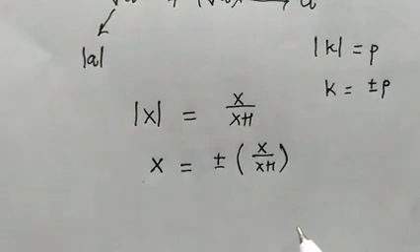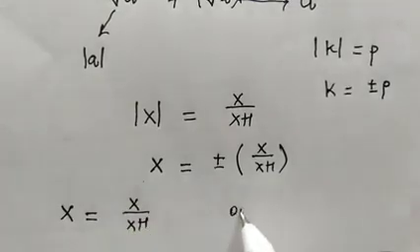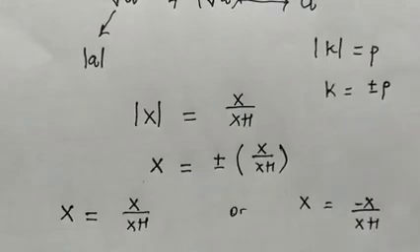Okay, so we have two different equations to solve. The first, we have x is equal to positive x over x plus 1, and the second, we have x is equal to negative x over x plus 1.